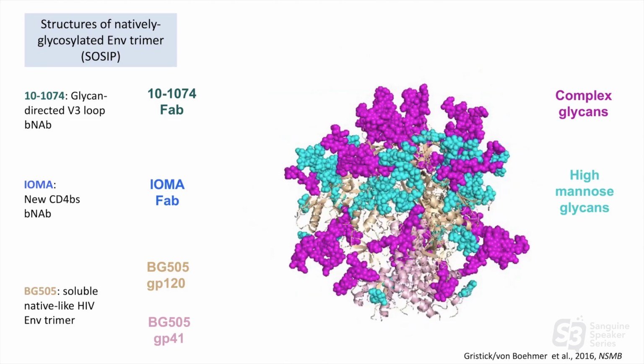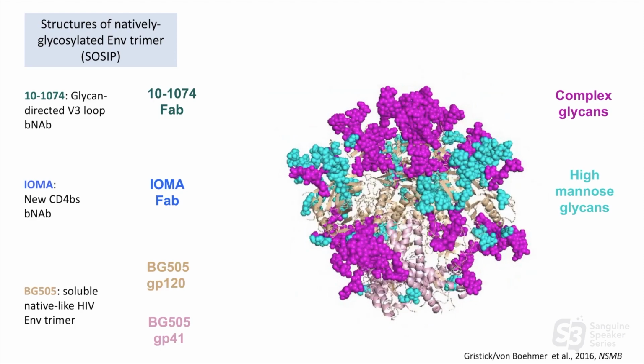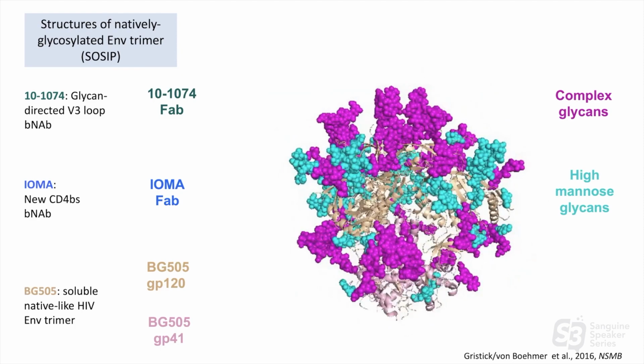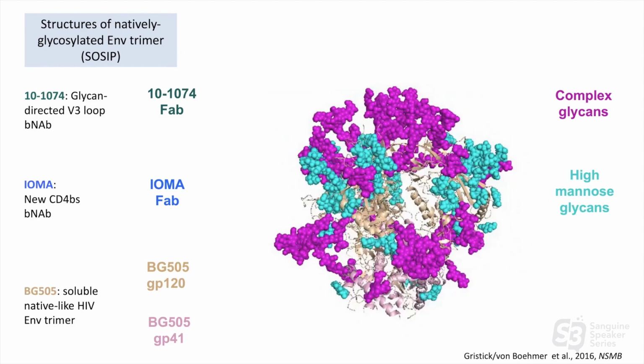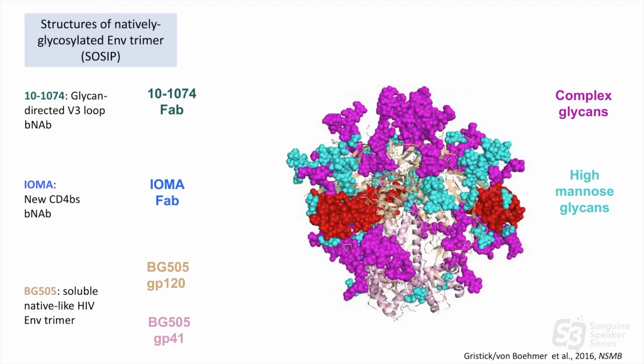Remember, I said that it was useful for the antibody to have a long CDRH3. You can see why, because the HIV envelope protein is extremely heavily glycosylated. 50% of its molecular mass is glycans.